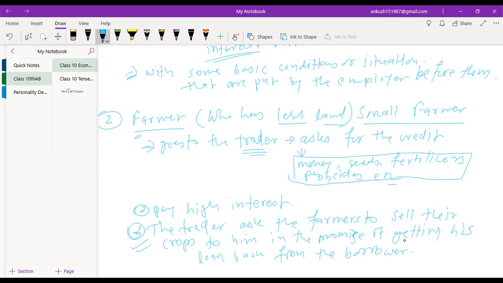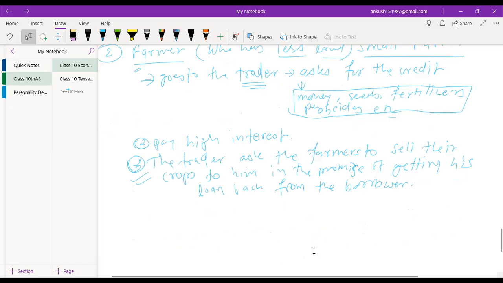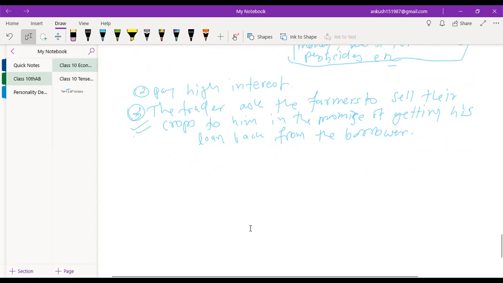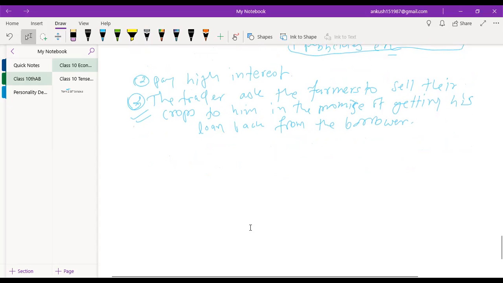See, whenever that farmer takes a loan from such traders, they put one condition before them, that the farmers would have to sell their crops to the trader. And this is also done: the trader purchases that crop at a cheap rate.